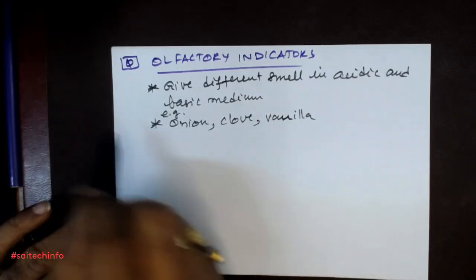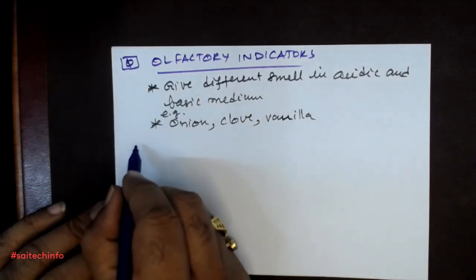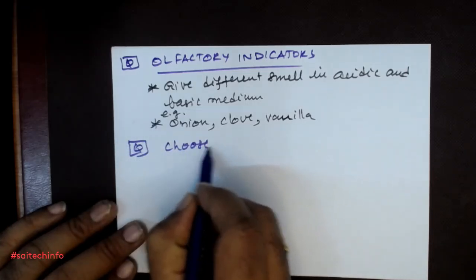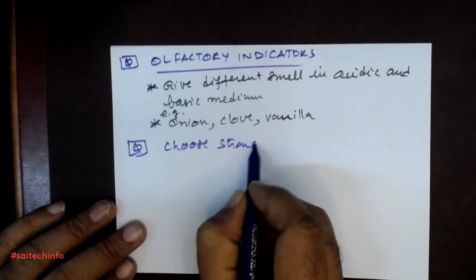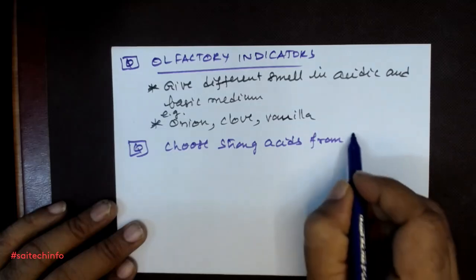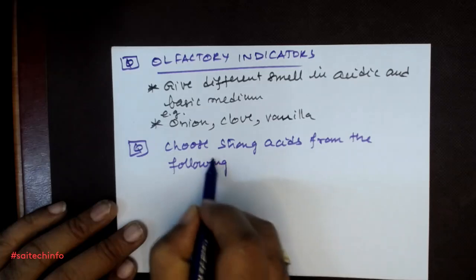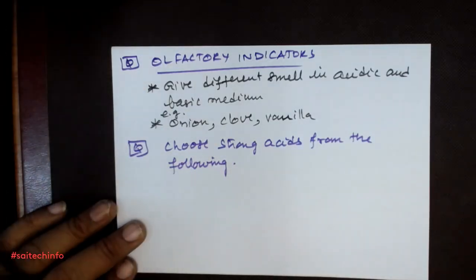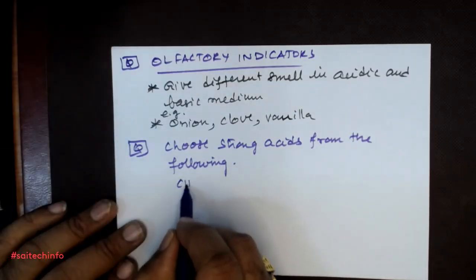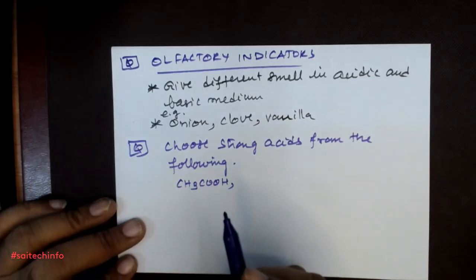Choose strong acid from the following. CH3COOH means acetic acid, so carboxylic acid, that is organic acid.